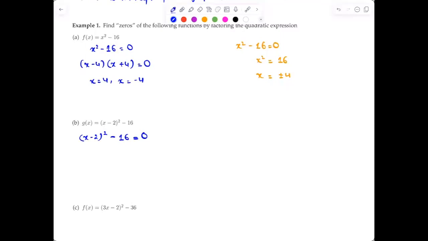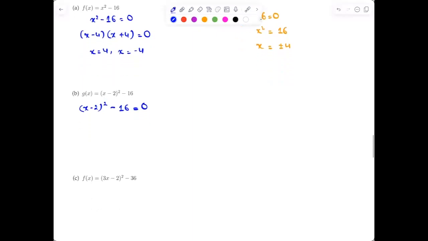You can apply the same thing. This is a difference of two squares. So that's one approach that allows you to factor the left-hand side. Another approach is to move negative 16 to the right-hand side and then take the square root on both sides of the equation.